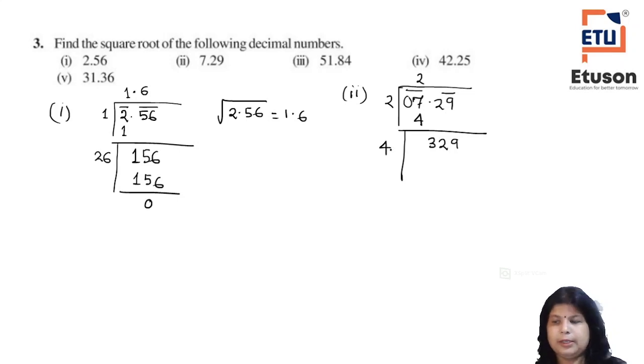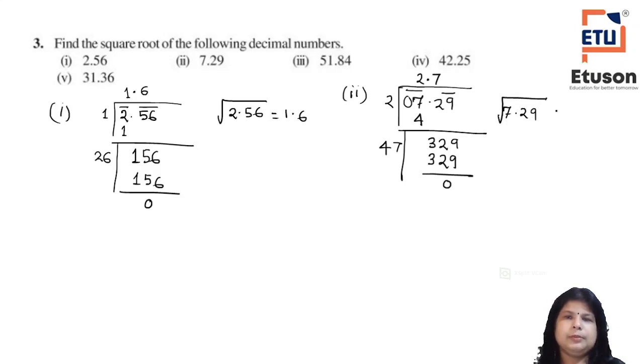Now I can take, because it is 9, I can take 7 over here. So because it is after the decimal, we have to put one decimal point into 7. So you'll get 329 and equal to 0. So square root of 7.29 is nothing but equal to 2.7. Correct.